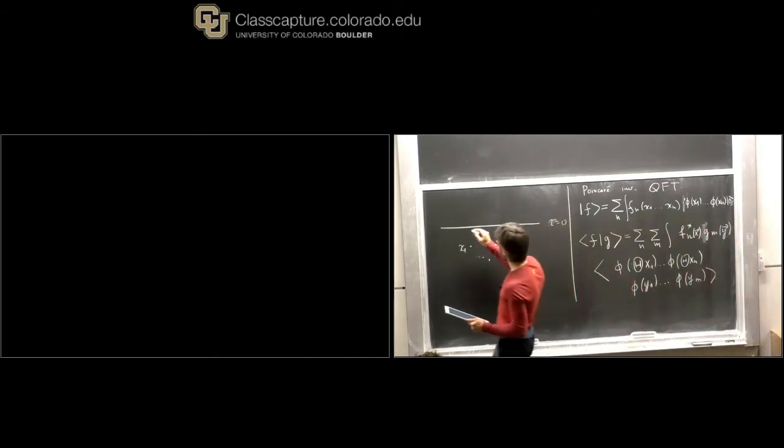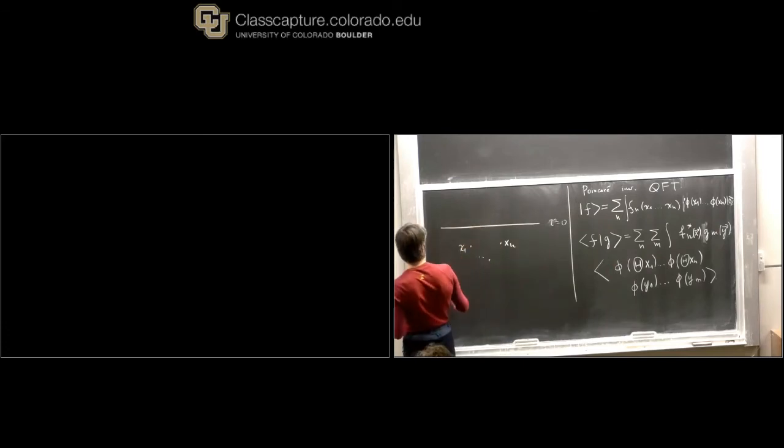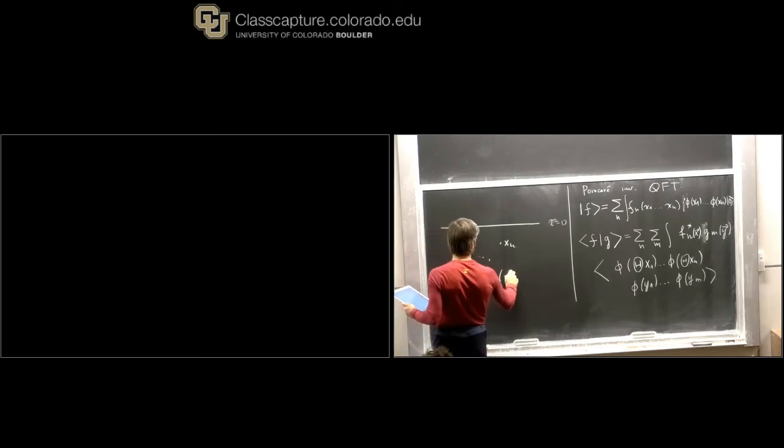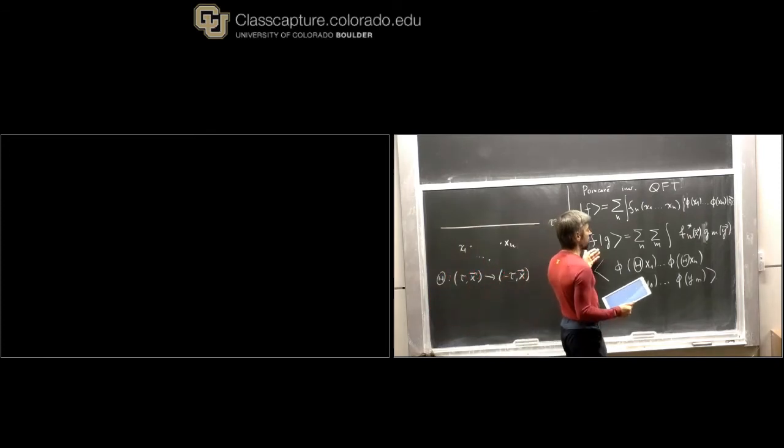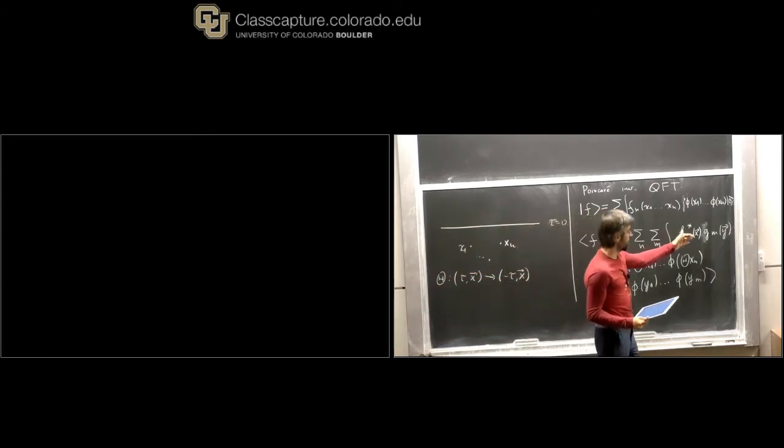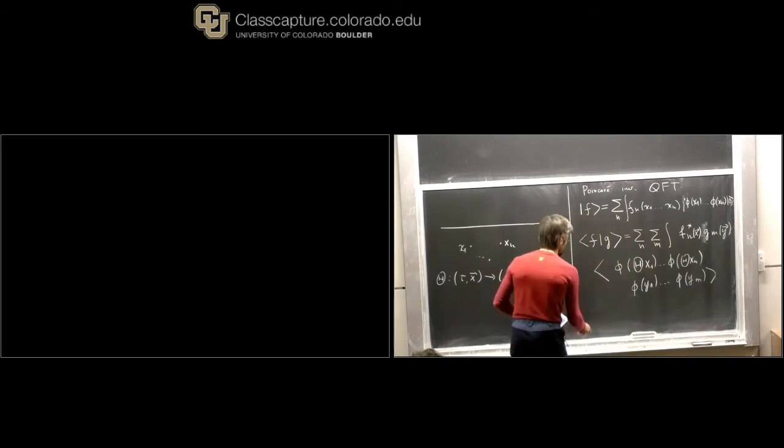The operator theta in this case is the operator which takes a point with coordinates tau, x and just flips the sign of tau to minus tau, x. If this inner product is positive definite, so if I take F equal G, this has to be non-negative.